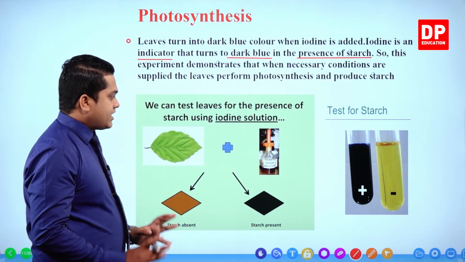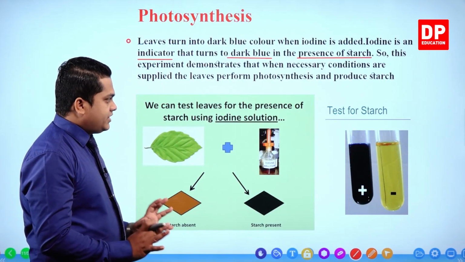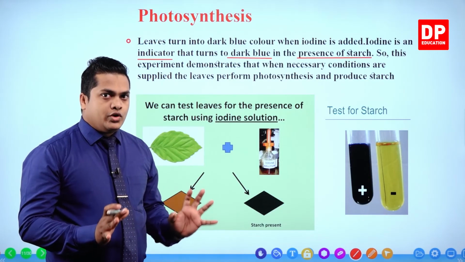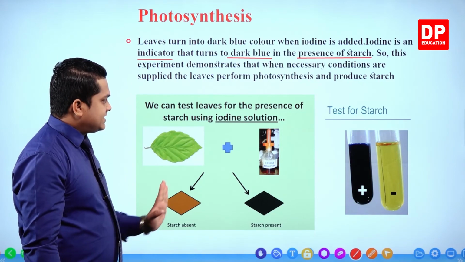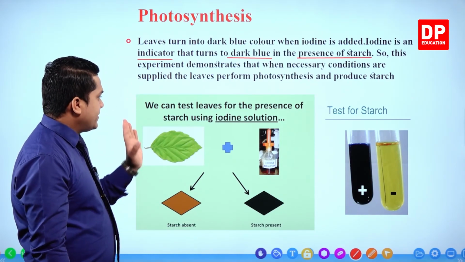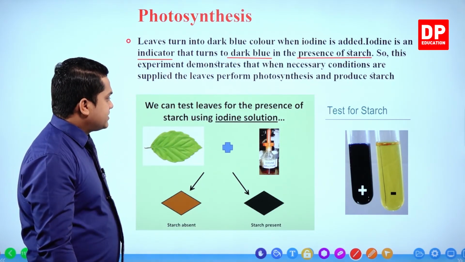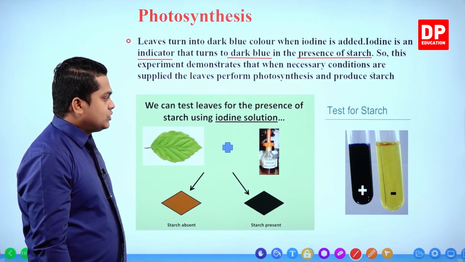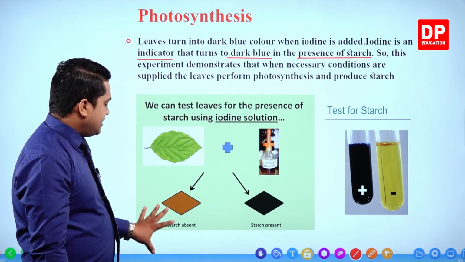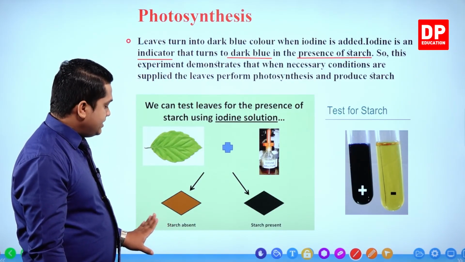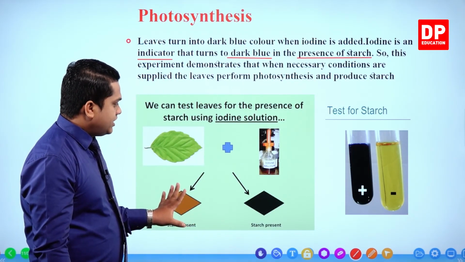So my dear children, I have provided you several figures so that you can get a good knowledge about the color change as well. This is the color change that is going to occur. So we can test leaves for the presence of starch using iodine solution. If starch is not there, it is going to show this kind of brownish yellow color.